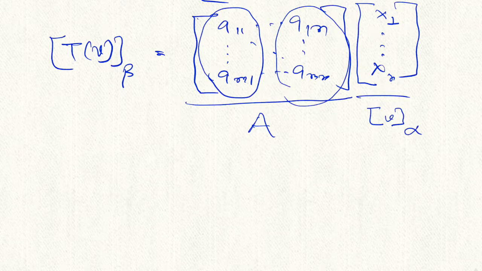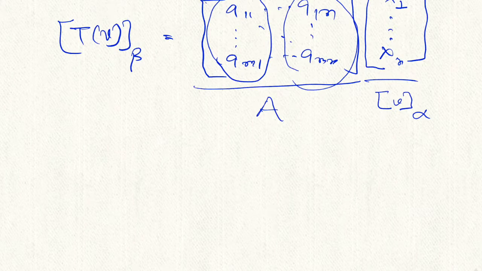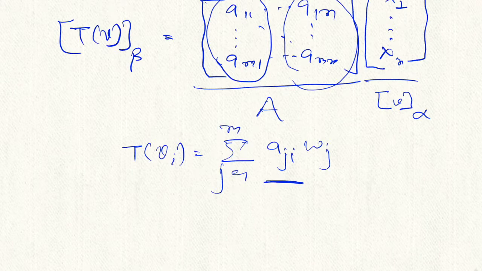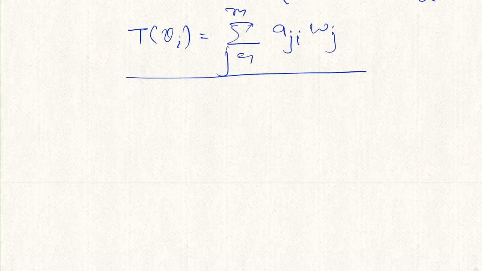In order to understand what these columns are, recall what they are. T(vi) equals the summation of aji wj, j varies from 1 to m. So what are these aij? You can see that this is written as a linear combination of wj.